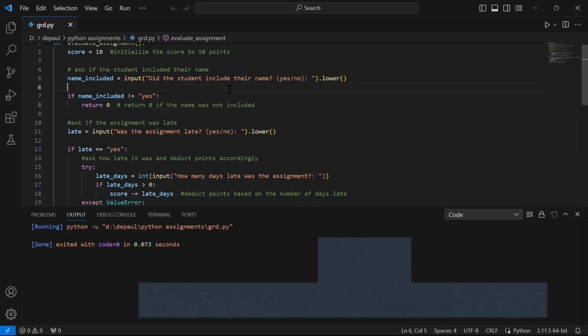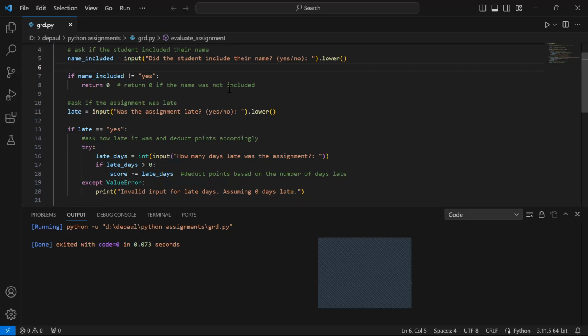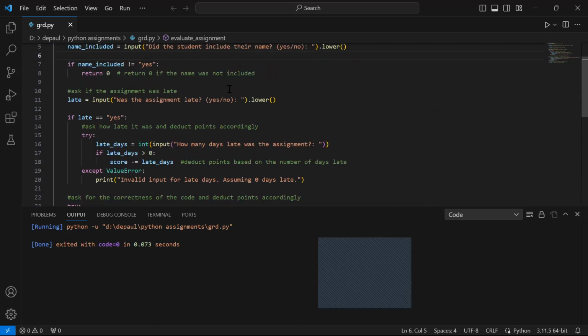Similarly, if the name is included, the program proceeds to the next question, whether the assignment was late. If the assignment was not late, the program continues to ask the question.